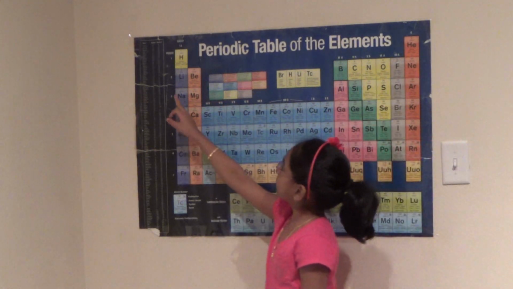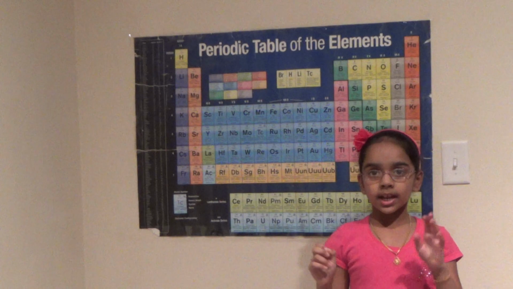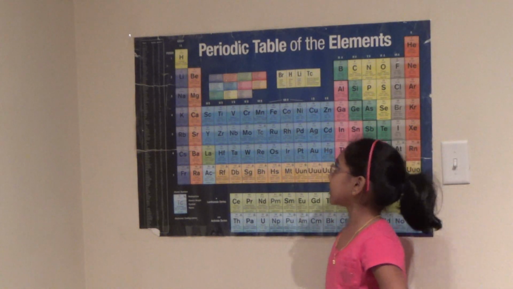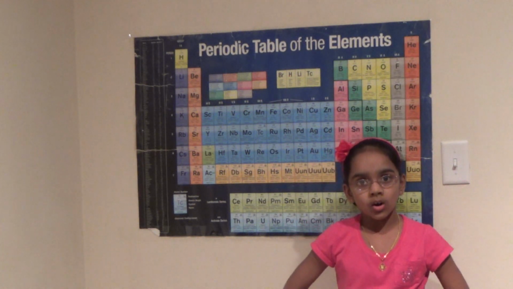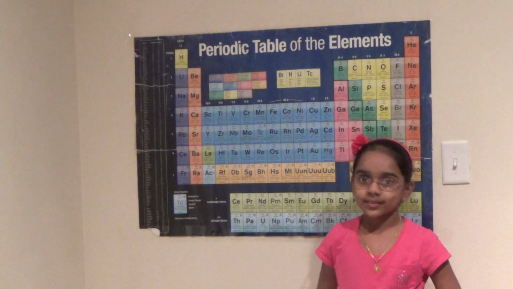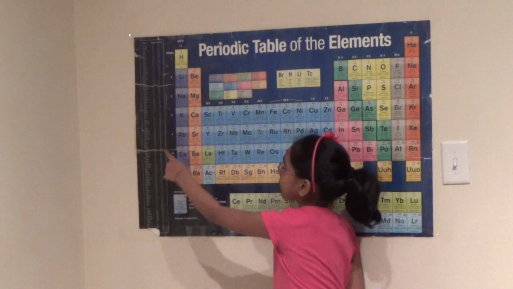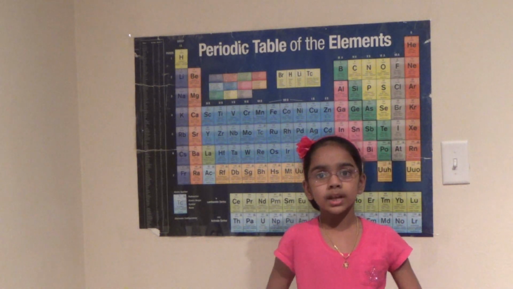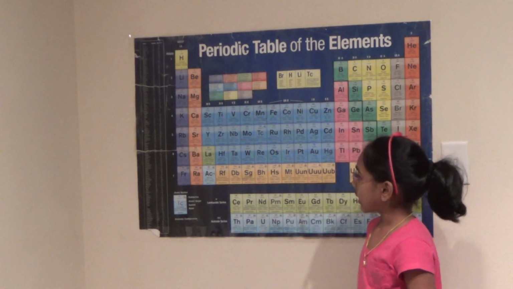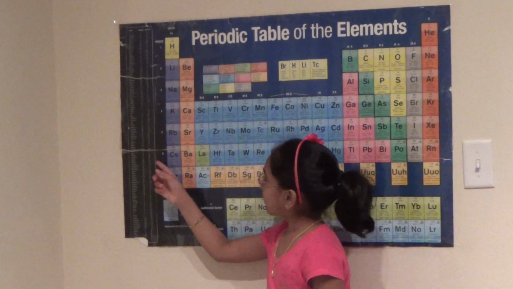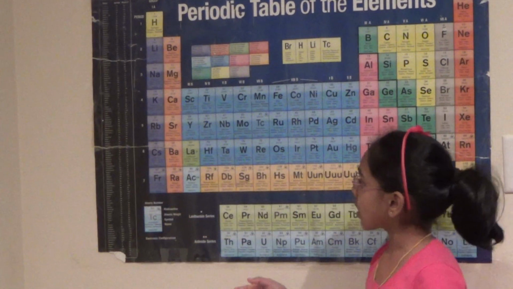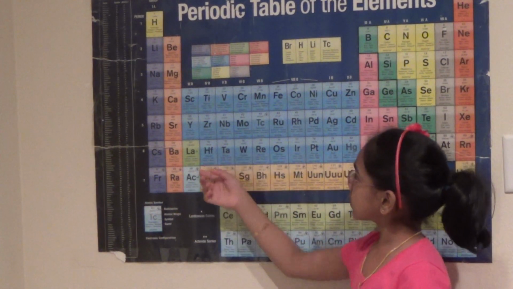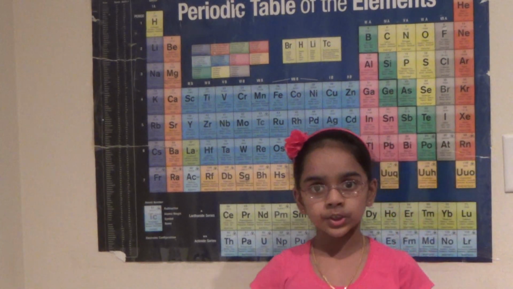And then periods 2 and 3, which contain 8 elements. These periods are called the short periods. And then you have 4, 5, 6, 7, which are all called long periods, and they have between 18 and 32 elements.